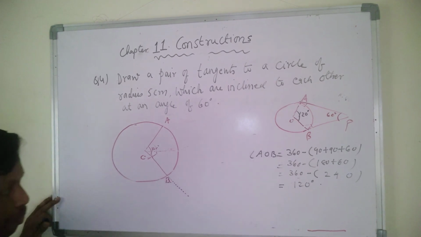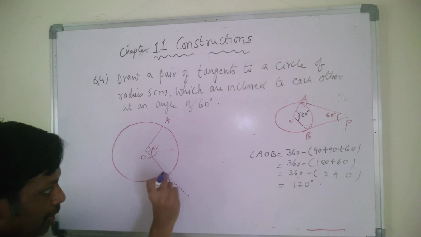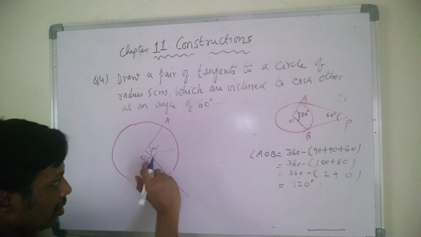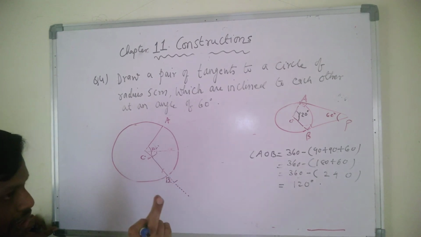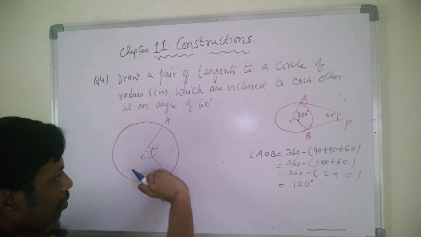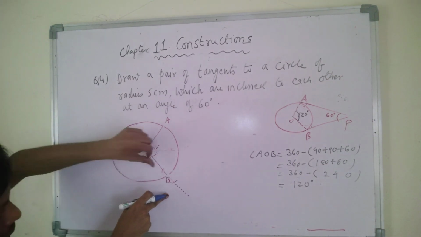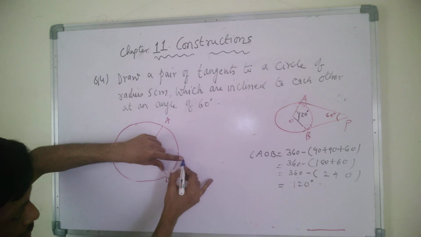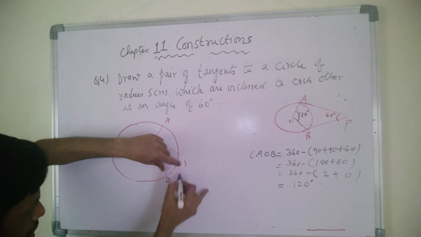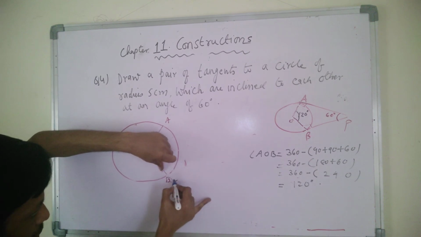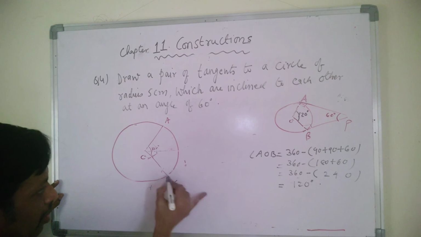You want a tangent from B, so keep your rounder at, that is a needle, at B with a convenient radius. Give one cut here, give one cut here. That means if this is my radius, at D, one cut here, one cut here. This will be the two places that you are going to get. Then again you can increase or decrease the radius, but once if it is fixed, don't alter it. One cut here, one cut here, like this, and from here also like this, right?